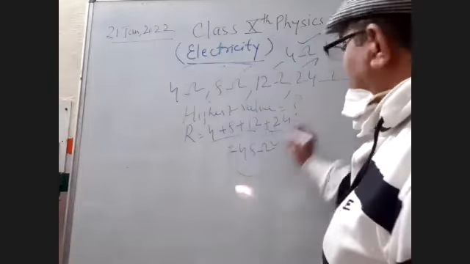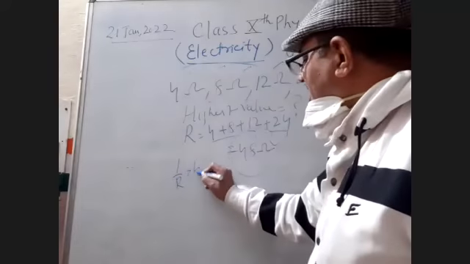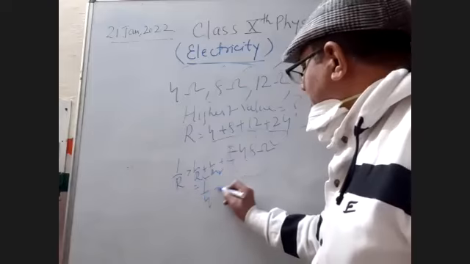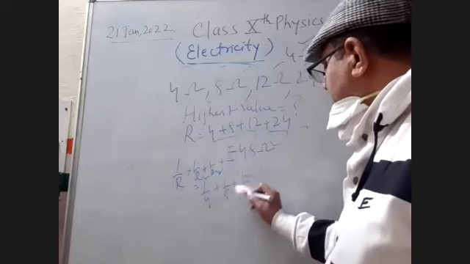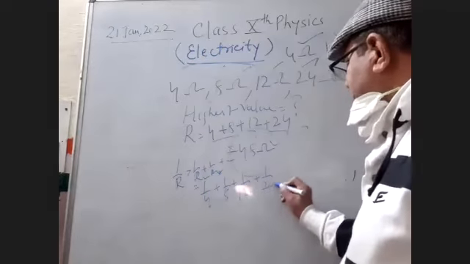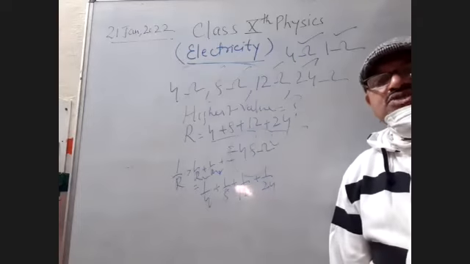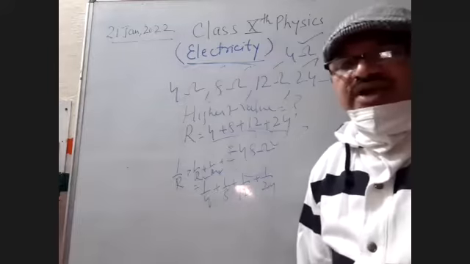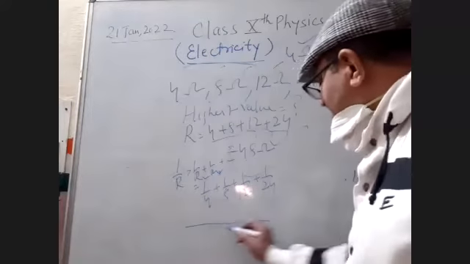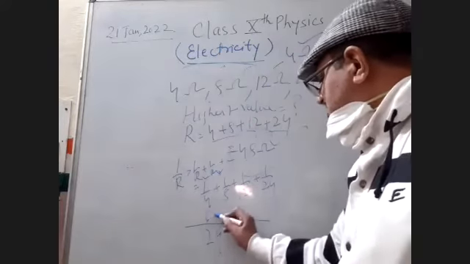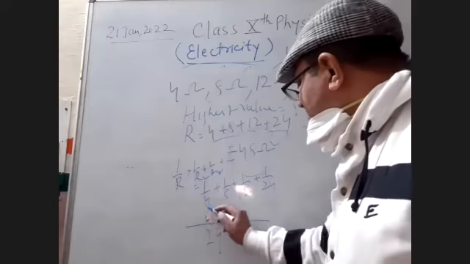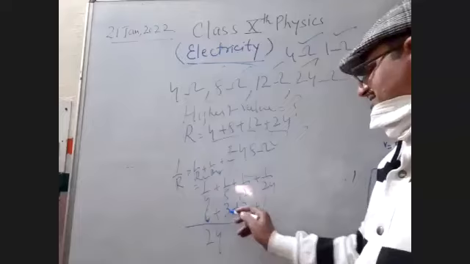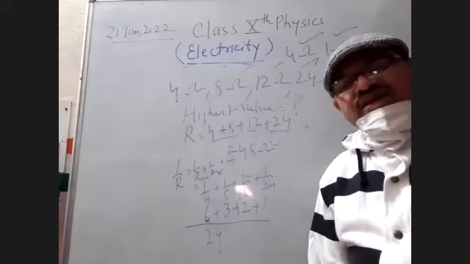The formula again: 1 by R = 1 by R1 plus 1 by R2 and so on, which means 1 by 4 plus 1 by 8 plus 1 by 12 plus 1 by 24. To calculate the total value, we have to take the LCM, 24. 6 plus 3 plus 2 plus 1. 6 plus 3 is 9, 9 plus 2 is 11, 11 plus 1 is 12.